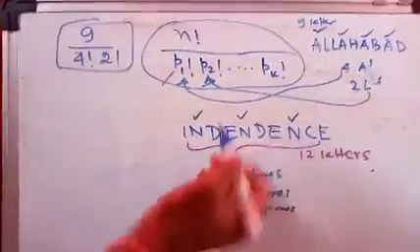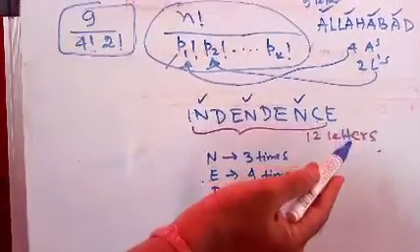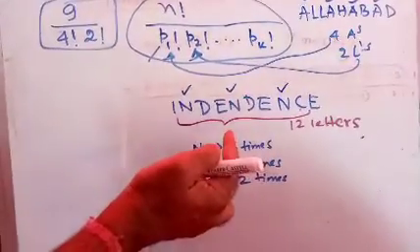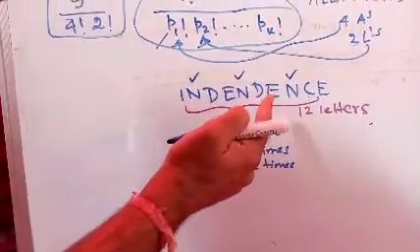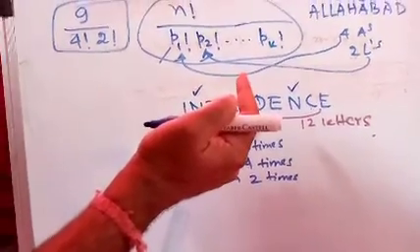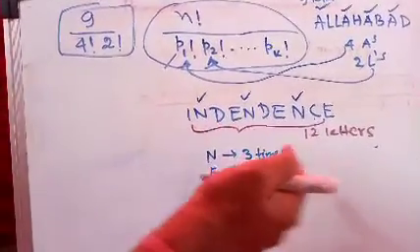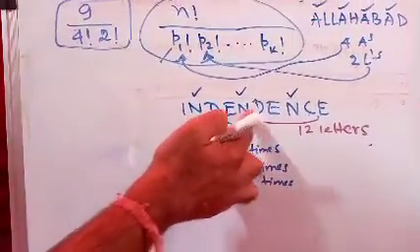How many letters are there in "independence"? 1, 2, 3, 4, 5, 6, 7, 8, 9, 10, 11, 12.